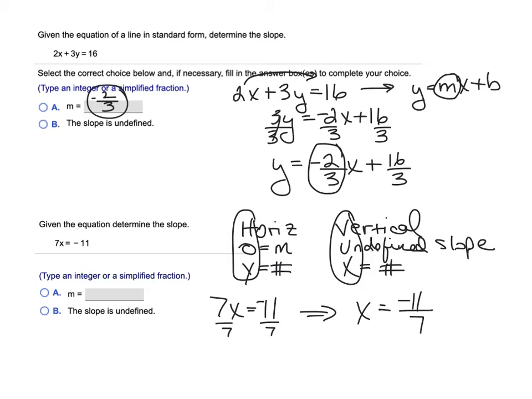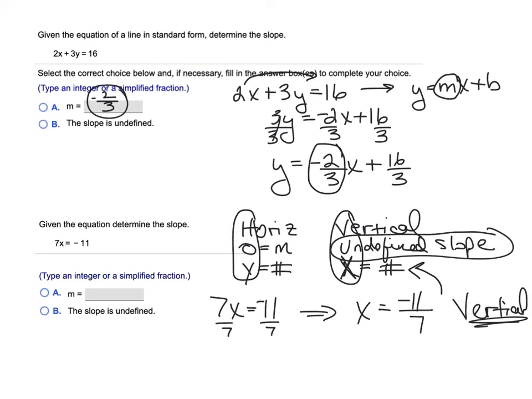So they're wanting to know what the slope is, right? Now remember what we said right here. A vertical line is always in the form of x equals a number. This is a vertical line. What is the slope of a vertical line? Undefined. So the slope right here is undefined because it was vertical.